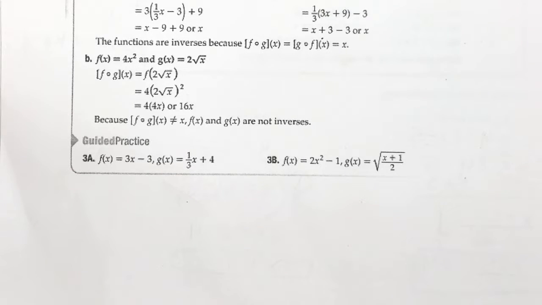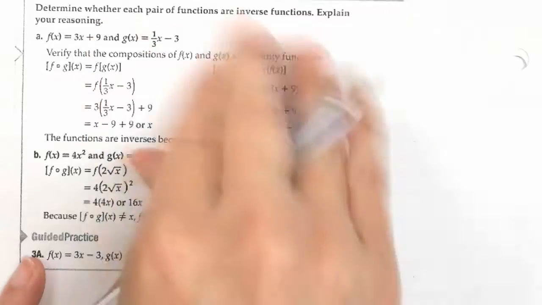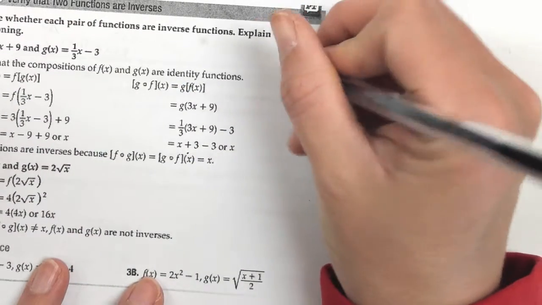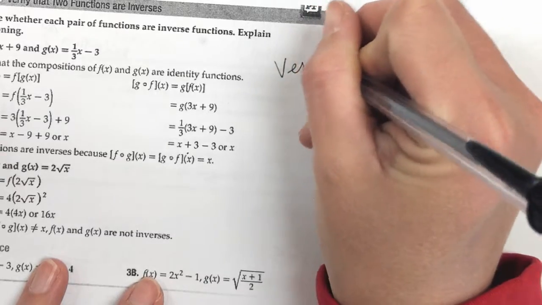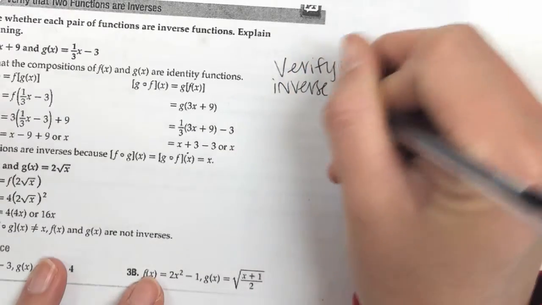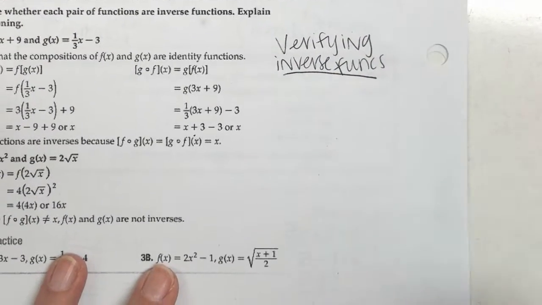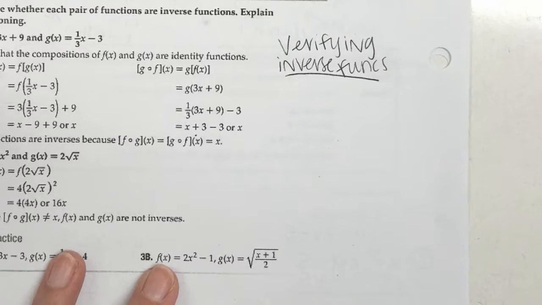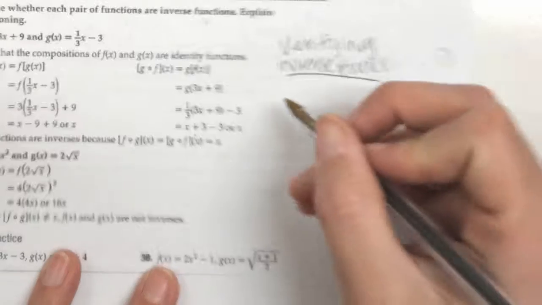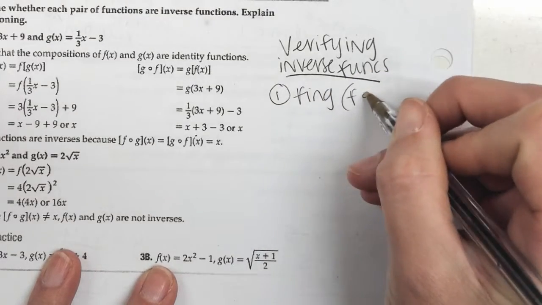Alright, to verify if two functions are inverse functions, just write the steps over here because, like I said, this can be a little confusing. So step 1, and this is verifying inverse functions, is just find f of g of x.